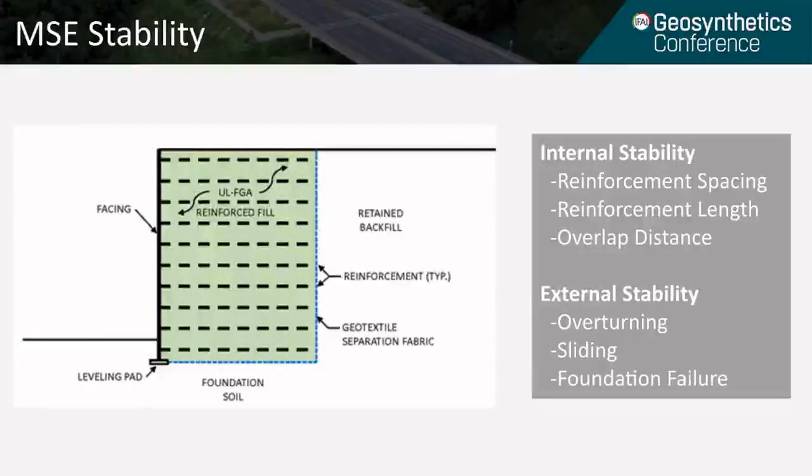External stability of MSE walls also has to be considered. This includes analyzing the wall for overturning, sliding, and a global or foundation failure of the wall. To complete both internal and external stability evaluations, earth pressures due to the retained soil, any type of surcharge loads, or live loads have to be considered.